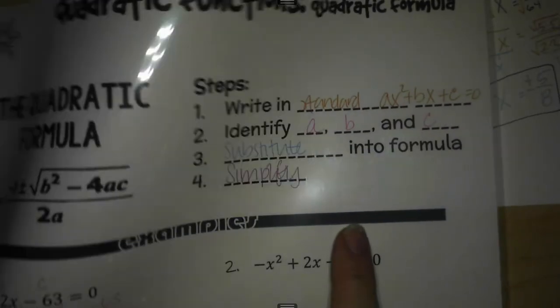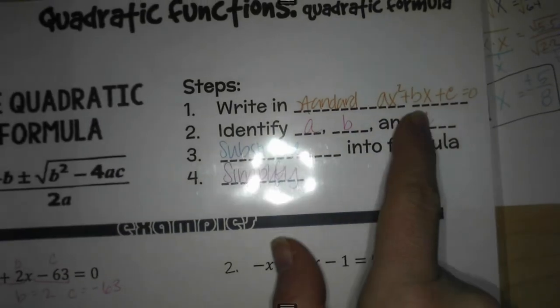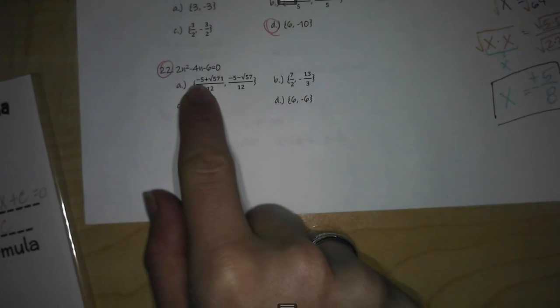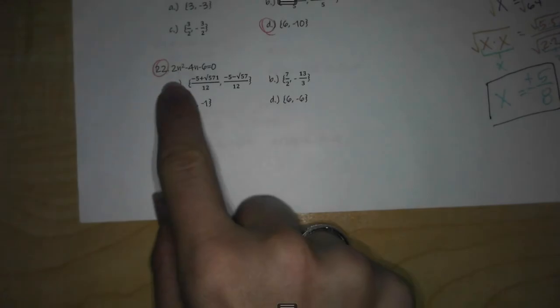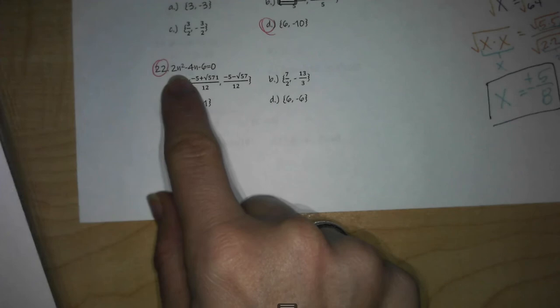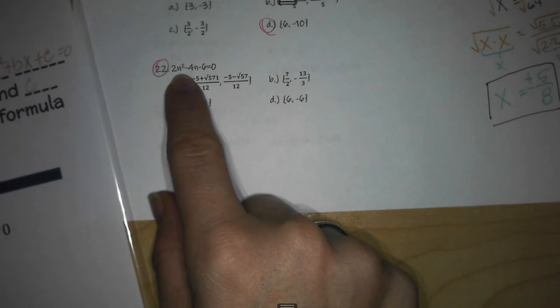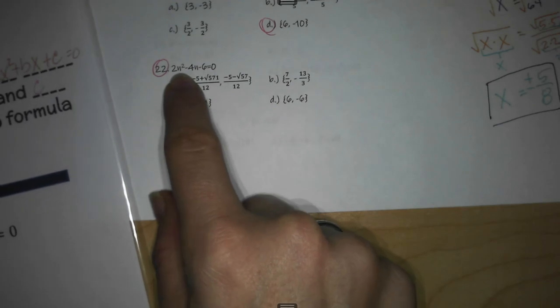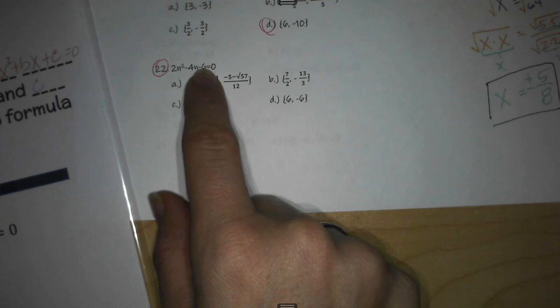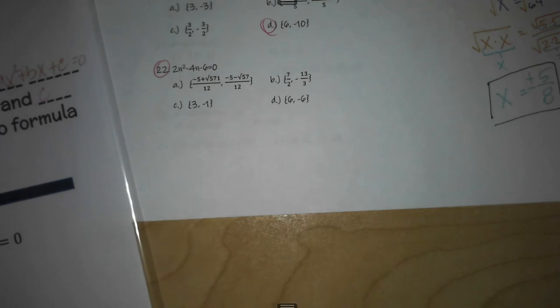times a. So remember our steps, we need to write it in our standard form. It is written in our standard form. We've got a variable squared minus our b variable plus or minus our c equaling 0. That's standard form.